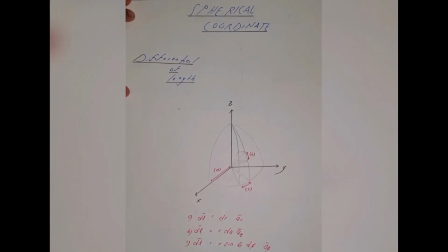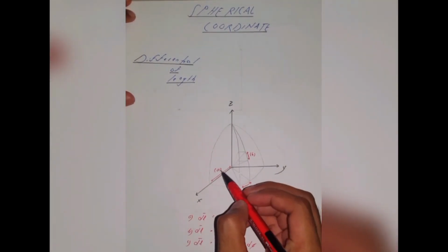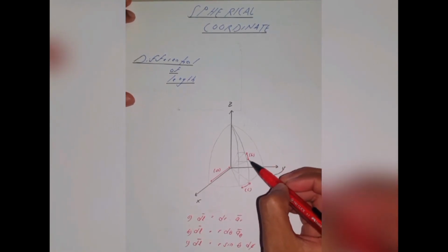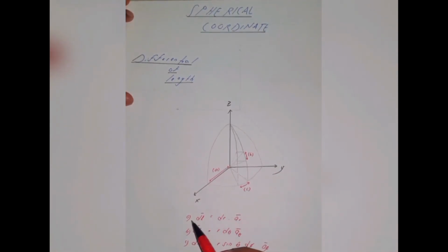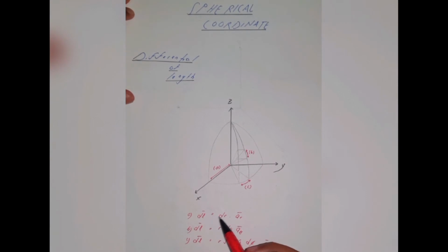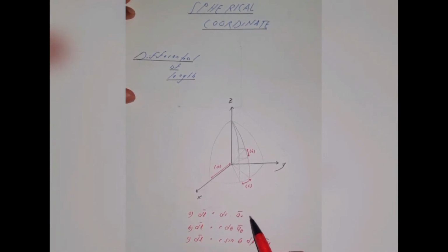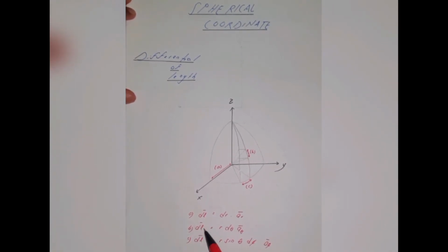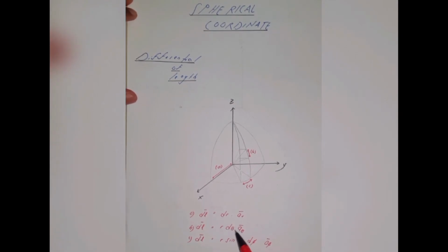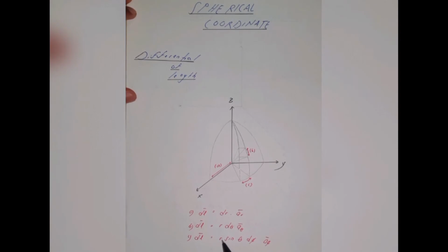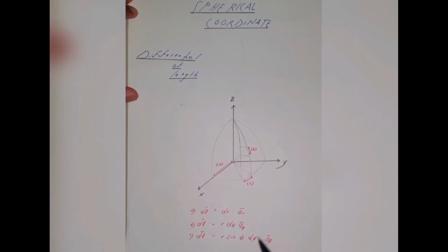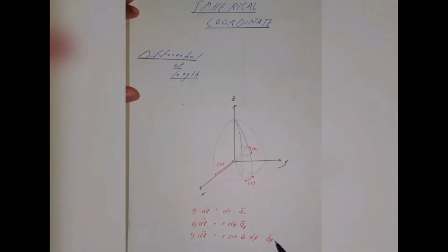For spherical coordinate, differential of length, this is A and B and C. For A, vector dl is equal to dr direction of r, and for B, vector dl is equal to r d theta direction of theta, and for C, vector dl is equal to r sin theta d phi direction of phi.